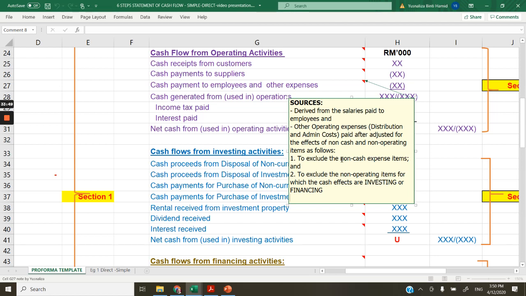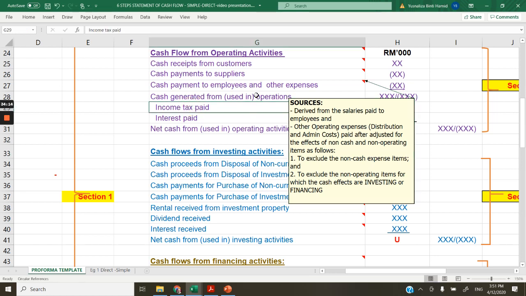But the common ones are depreciation and loss on disposal. Those are the ones that you normally include. And relating to foreign exchange, any loss or gain on foreign exchange difference, they are also non-cash items that may have been included in the preparation of the profit or loss statement. You need to do that adjustment.